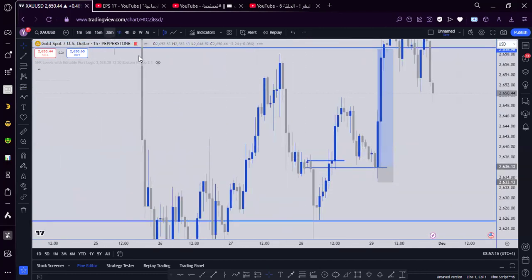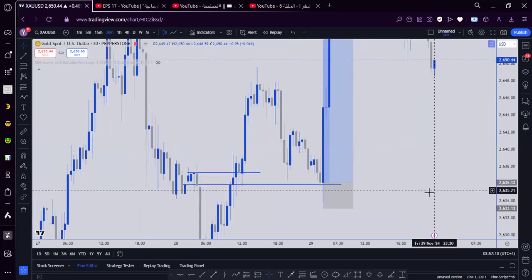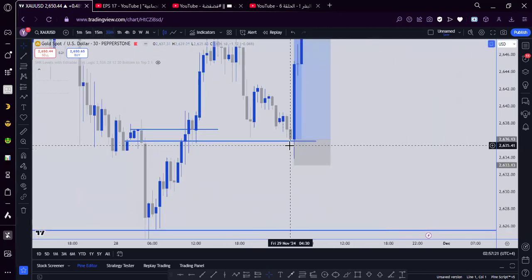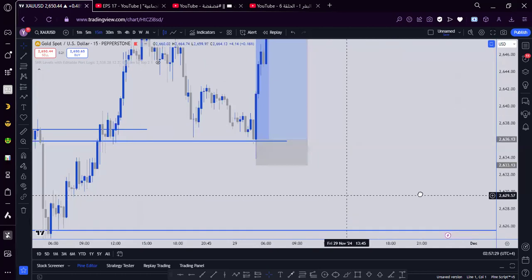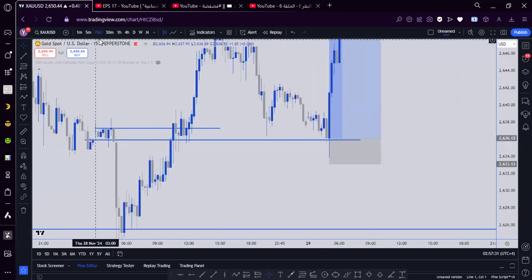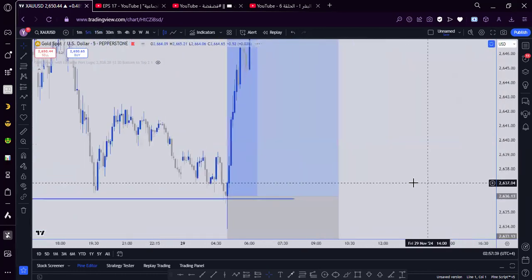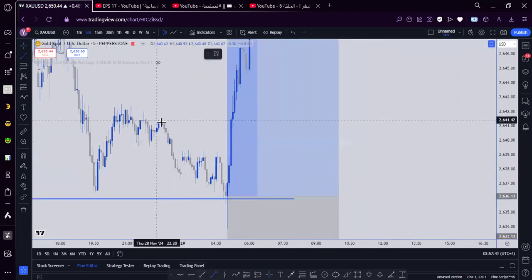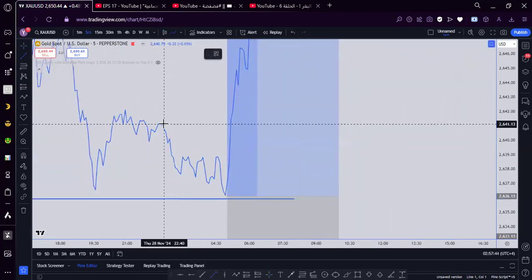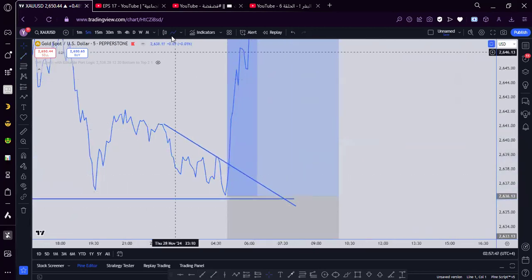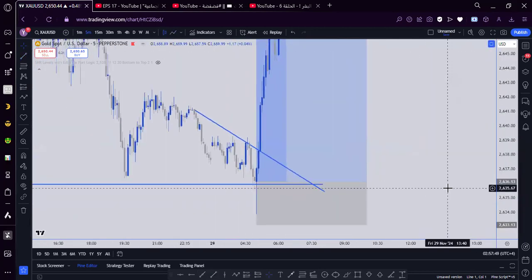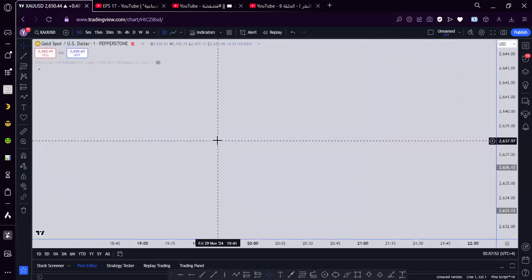Let's check the lower time frame confirmations. In the 30-minute, you also had a confirmation, and it's the same with the 1 hour, with the same level. The same with the 15-minute, it's also in the same zone. What about the 5-minute? On the 5-minute, as you can see, there is a breaking 5-minute trend line.